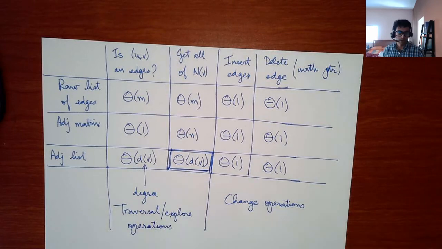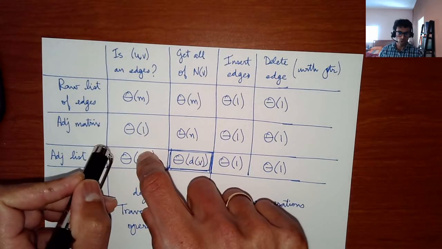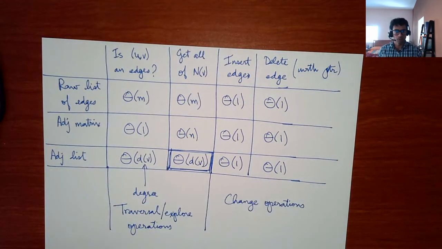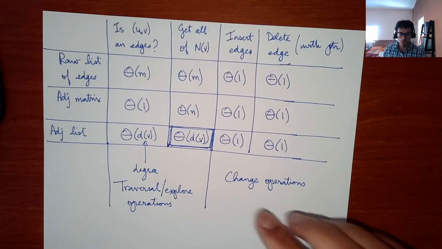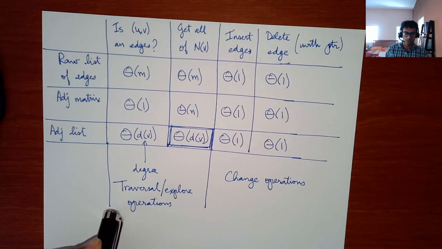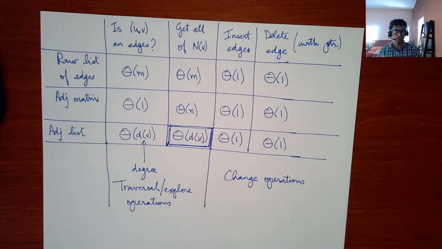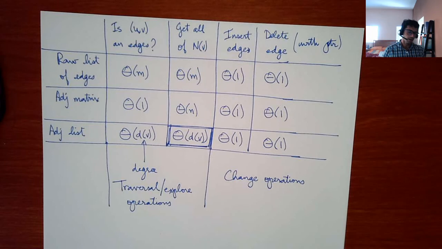Now, unlike most data structures that we've studied so far, where the change is really important, so there's a change and there's a lookup, and we care about both of them. In graphs, often, depending on your situation, the change is not as important as the traversal, depending on your application. But in many applications, the traversal is important. The fact that you can get to the neighborhood is really important.